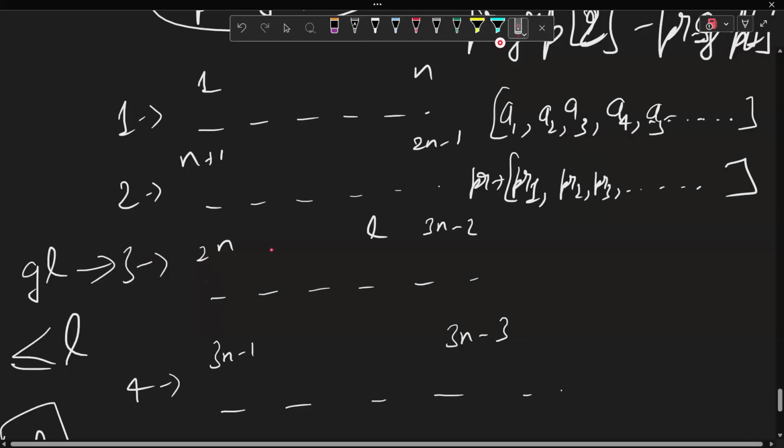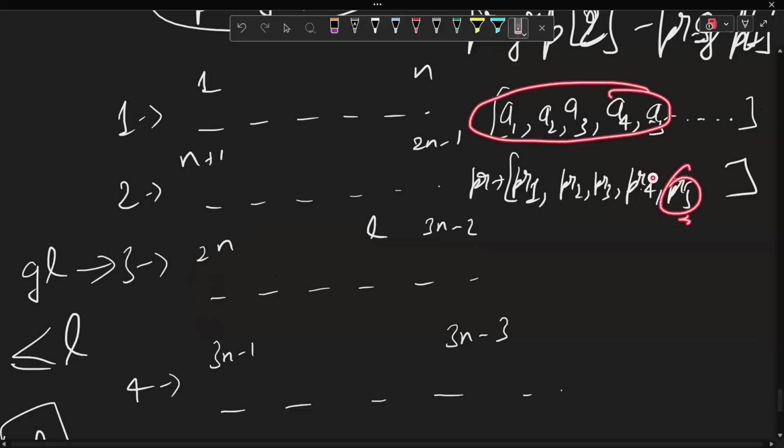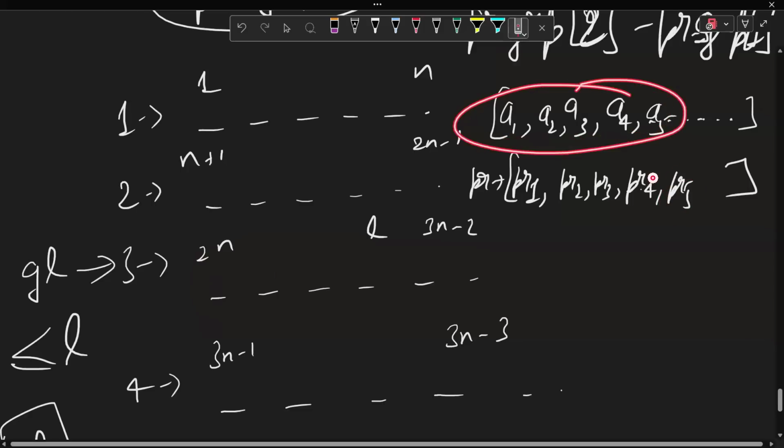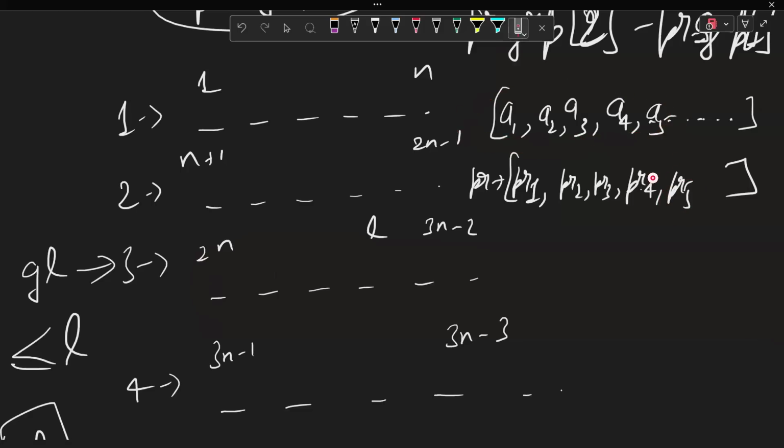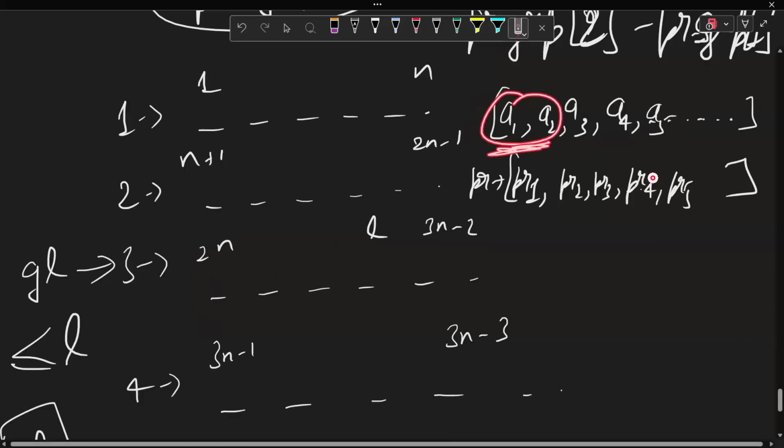So first of all, how do we get this A3, then A3 plus A4, then A3 plus A4 plus A5? If you look at prefix 5, it is storing the sum from here till here. From that, if you subtract this, you would get the sum from A3 to A5.